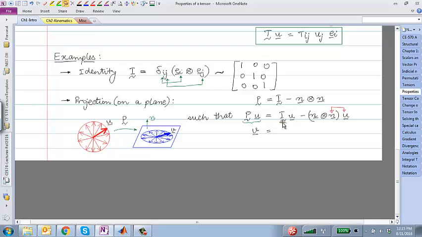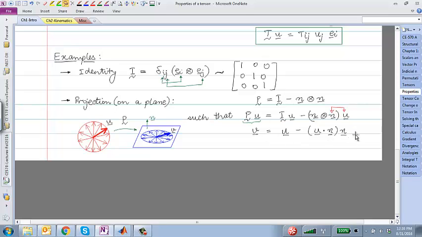I times, or the tensor I acting on u, what does that give me? u itself minus these two dot products, so I get u dot n and in the direction of n, correct? That n goes out here.